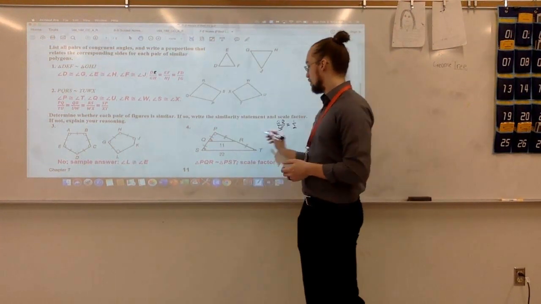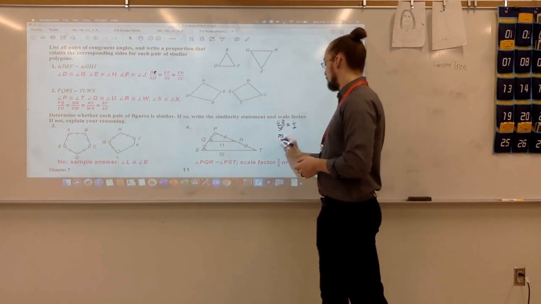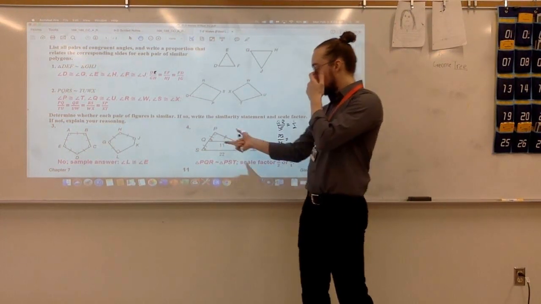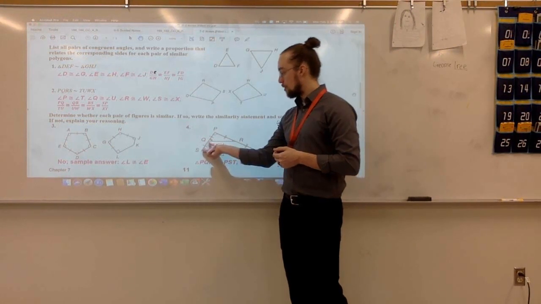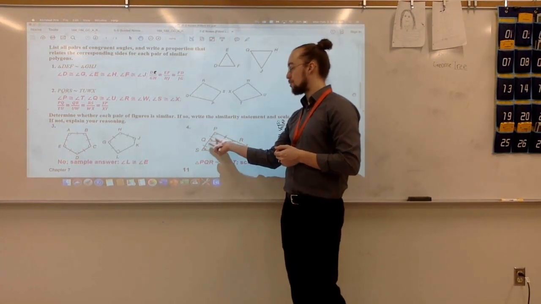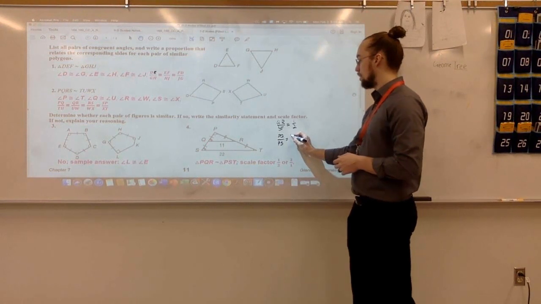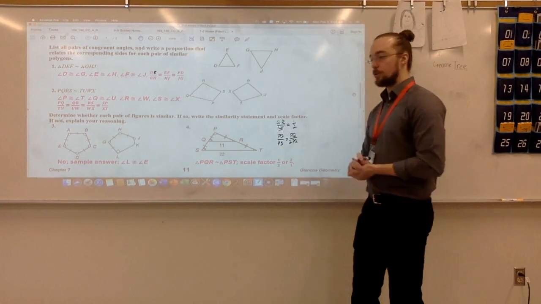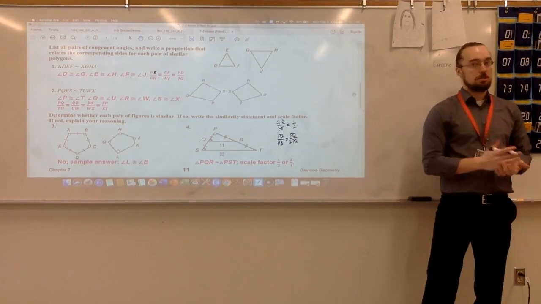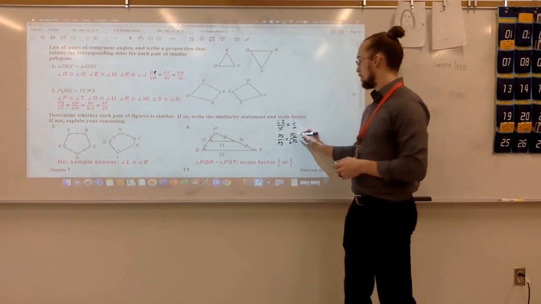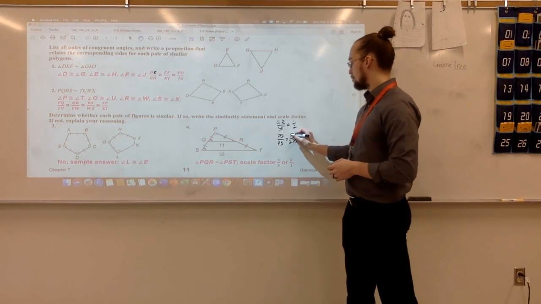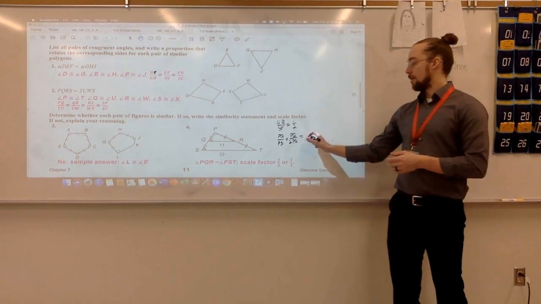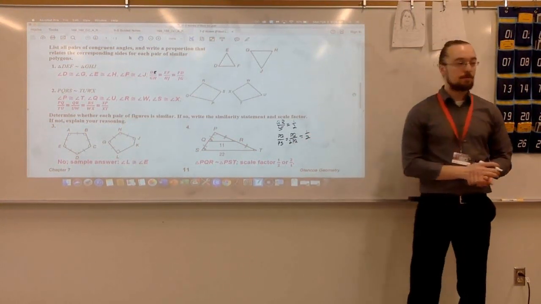So what I could do, if I'm comparing PQ and PS, I could say that PS, since I know these 2 sides are congruent, PS is just twice the length of PQ. So I could say this is really PQ over 2PQ. And then just using algebraic rules, I can cancel out the PQs. This would just be 1/2.